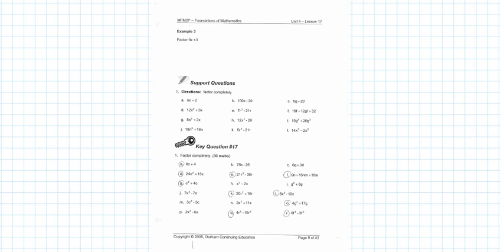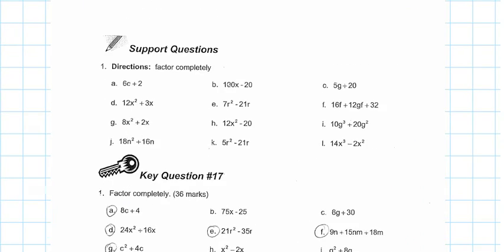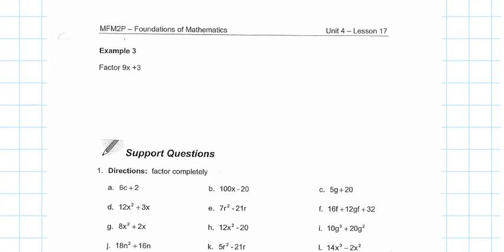Let's look at this question right here. So factor 9x plus 3. That's an easy one. What would be your greatest common factor? 3. I can divide 9 by 3, and I can divide 3 by 3. Good. Is there any letter? No. Is there an x here? No. So there is no letter. X has to be in both terms. Okay?